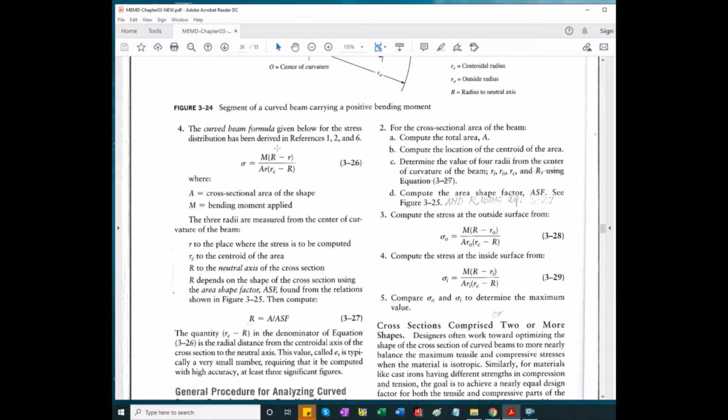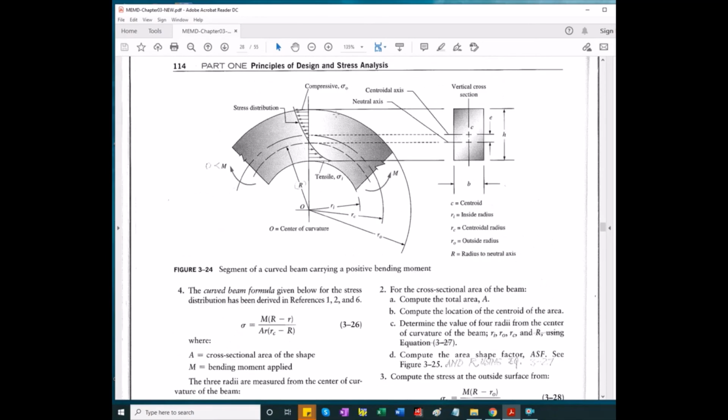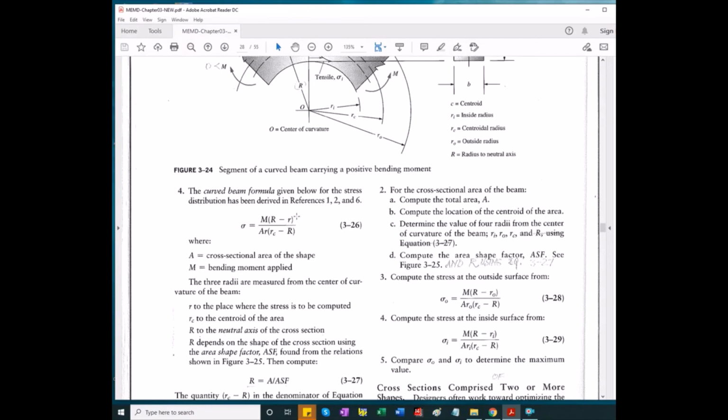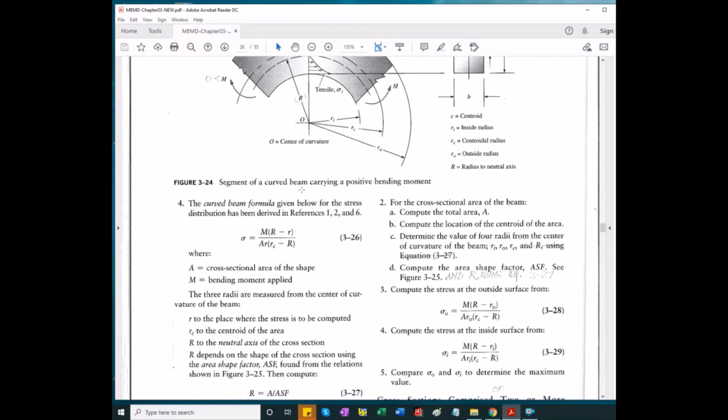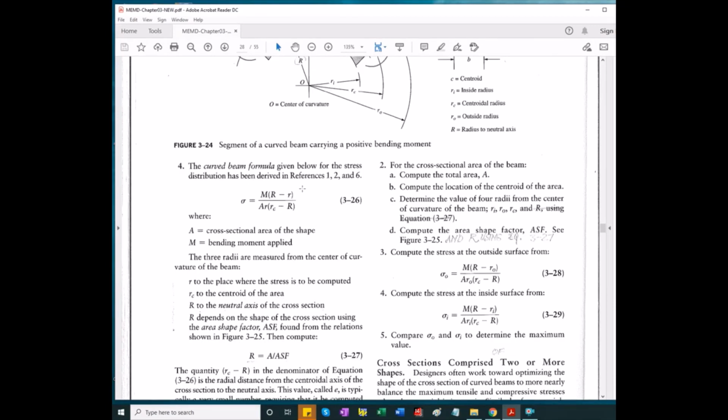For the stress on the outer side and the inside, the maximum stresses again occur on the outside and inside of the bend. You just make r either Ri for the inside stress or Ro for the outer stress, and this equation, repeated here, is used for r equals Ro and r equals Ri to the inside.